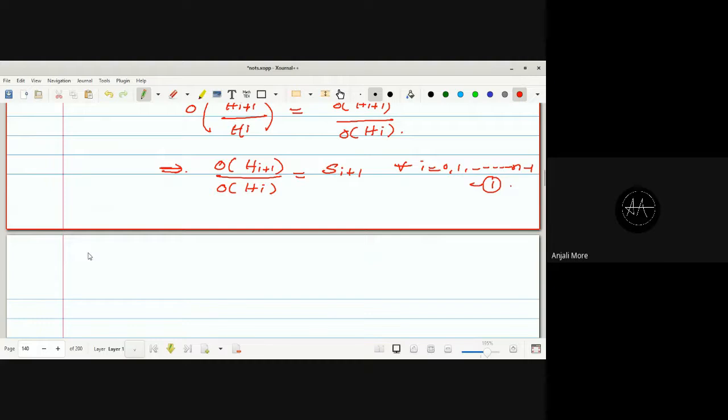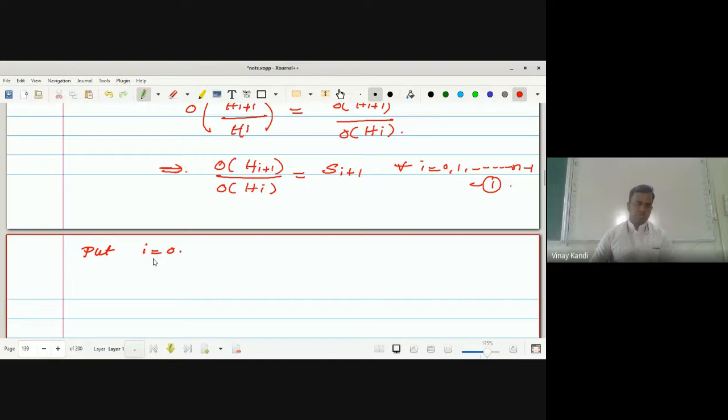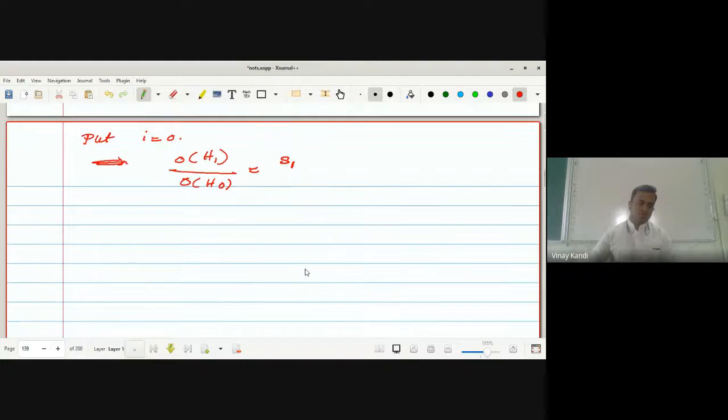No, sir. Put i is equal to 0. This implies order of H1 divided by order of H0 is equal to S1. So this implies order of H1 is equal to S1 into order of H0. What is the order of H0?